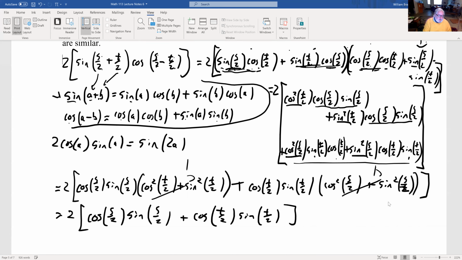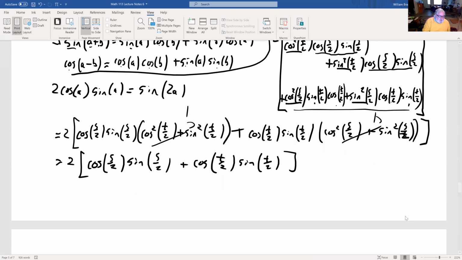So cosine of an angle times sine of the same angle, that's sine of the double angle. So cosine s over 2, sine of s over 2 multiplied together is going to be 1/2, right? If I divide both sides by 2, 1/2 of twice the angle.